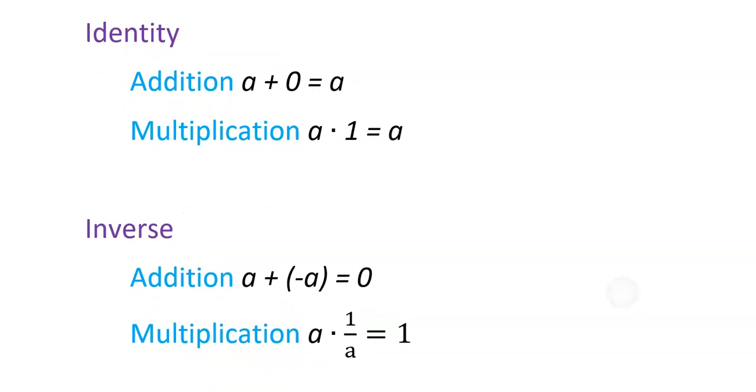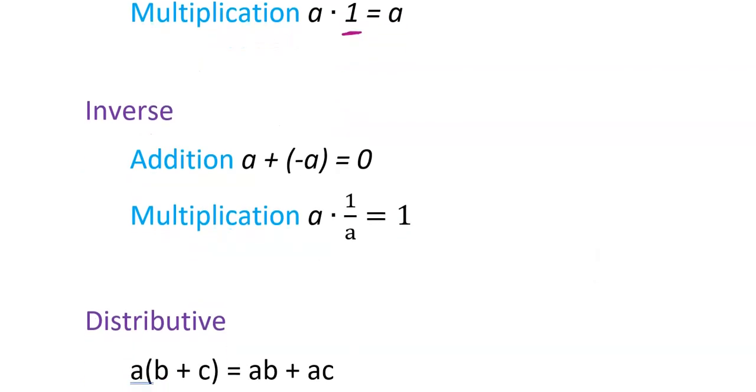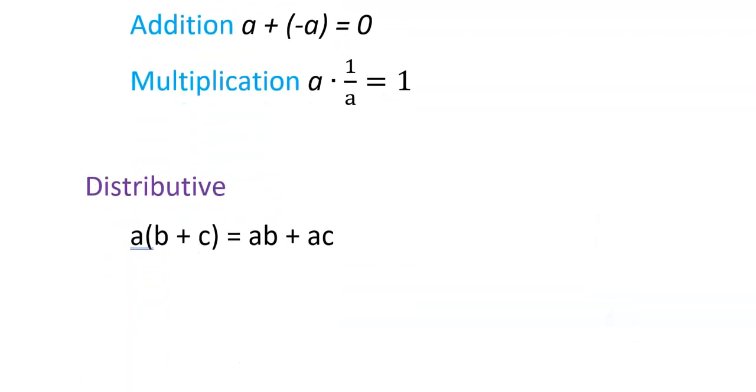The identity for addition is 0. The identity for multiplication is 1. It just means if you add 0 to anything, you get that member, or if you multiply any member times 1, you get that member. The additive inverse is when you add the opposite and get 0. The multiplicative inverse is when you multiply by it and get 1.